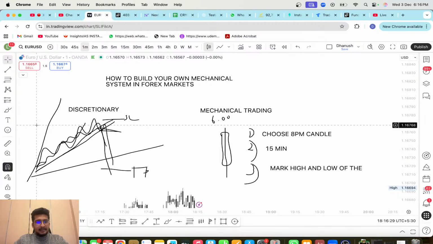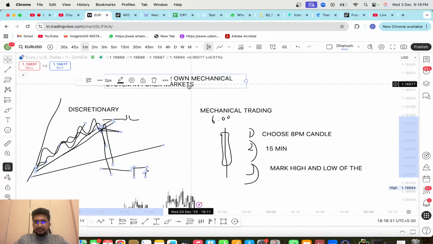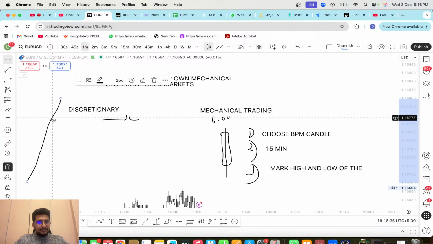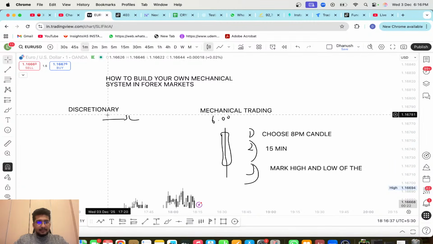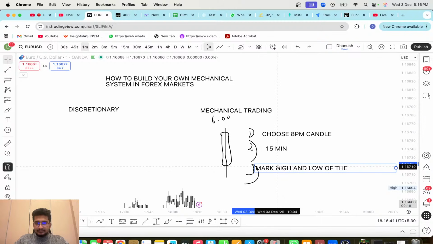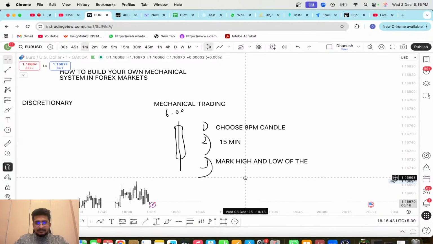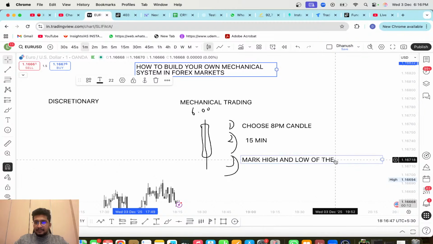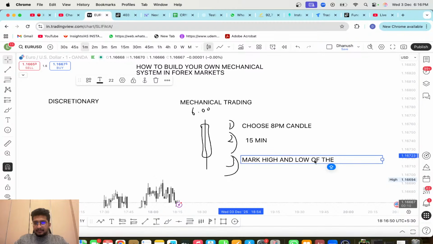Just a second, guys. Candle. Here most of the framework is done.